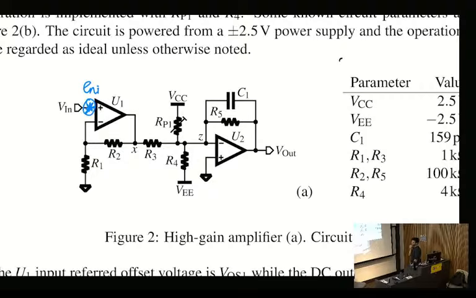So maybe let me ask another question. What was VCC being used for? For trimming the offset. Good. So we're using VCC to trim the offset, so it's acting as a reference voltage. We're not really using it to power something, we're using it as a reference voltage. So what might be the logical conclusion from that?